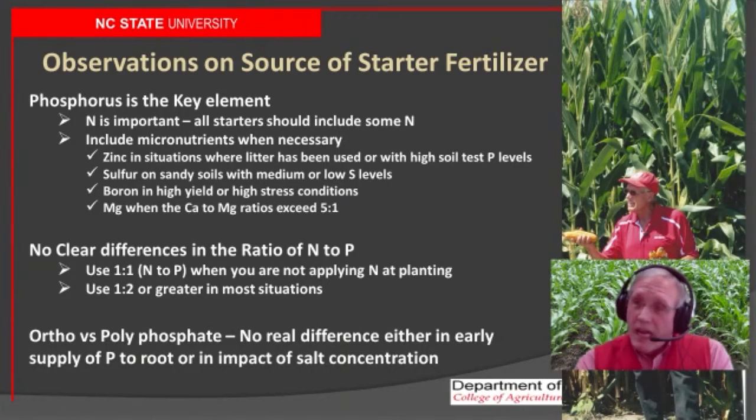Well, the sources don't bother me too much, but the rates, it depends how you're applying them. Your rates, particularly when you bump up N and S in a starter fertilizer, you're thinking, I've got to make sure I'm not putting too much close to that seed or in a place where that material is going toward that seed.